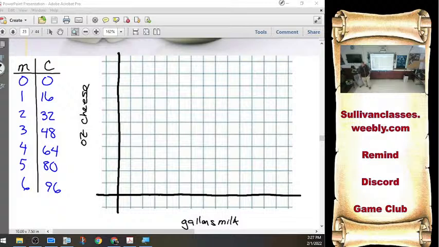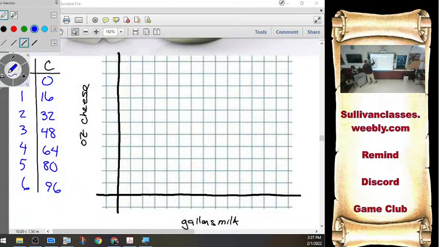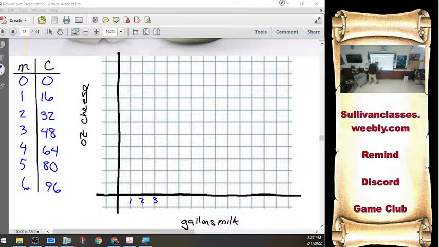What's a reasonable scale for M's? My x-axis, just go by ones. Okay, don't overthink it. We're going to say 1, 2, 3.